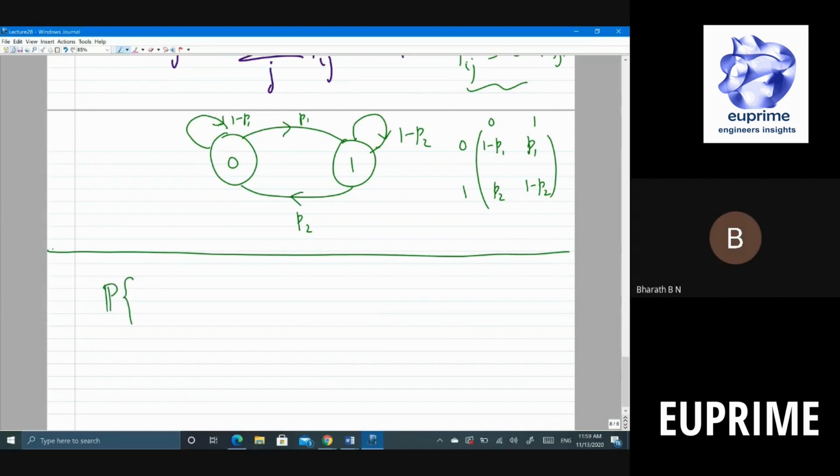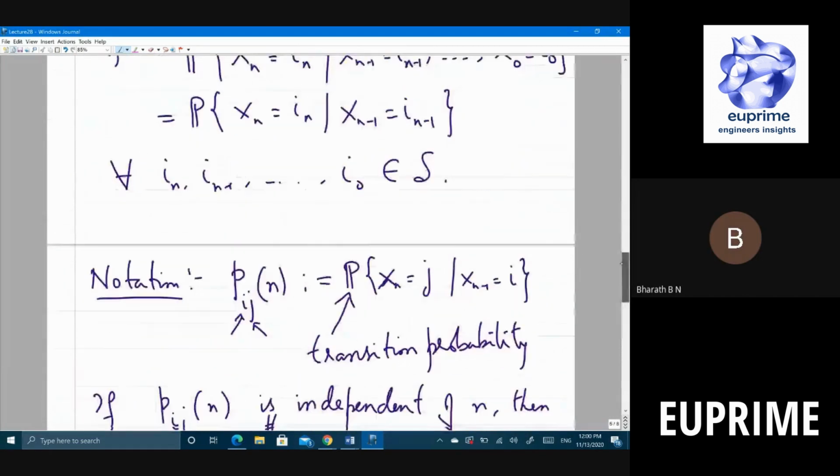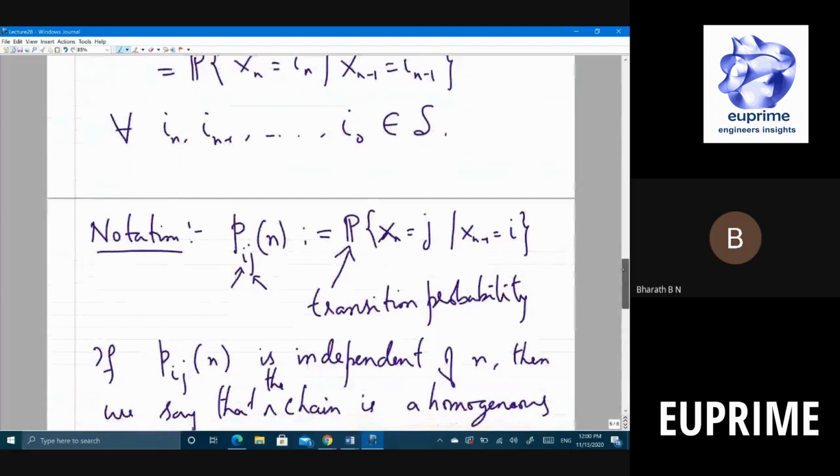So now let me ask you one other question. The probability that you are in, let's say, n plus 2. Let me just write it like this. Okay. So after n steps, you are in state j. Okay, i to j.